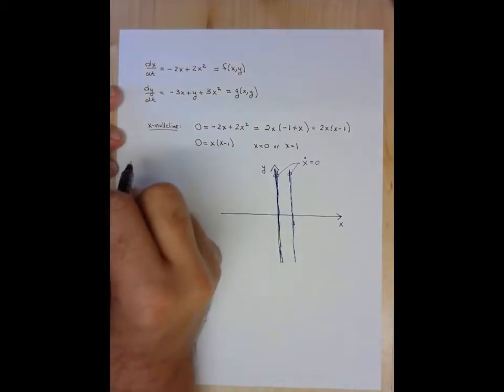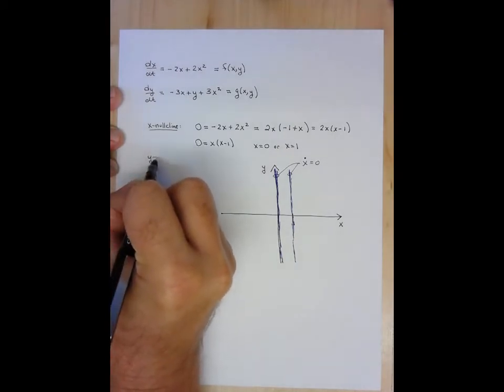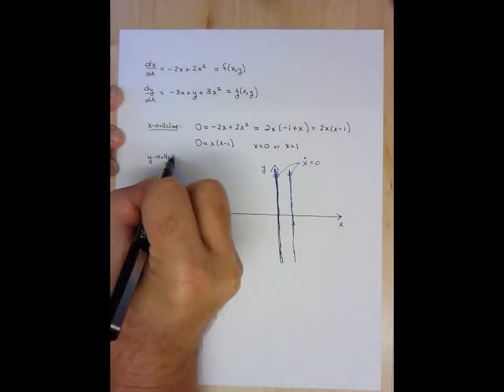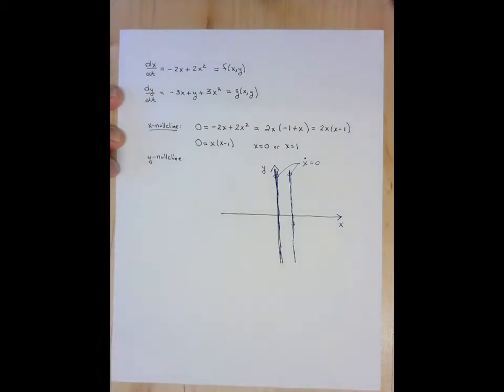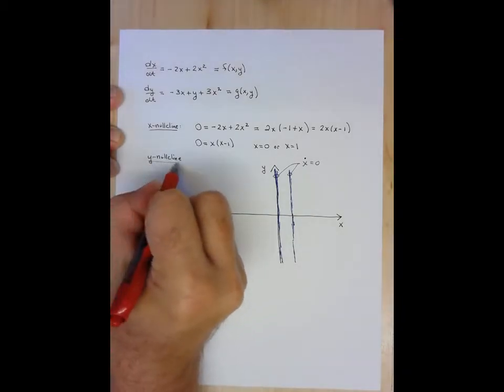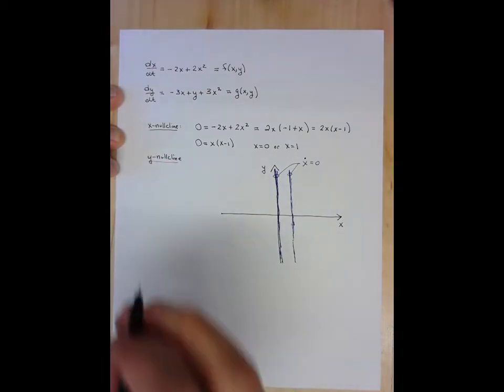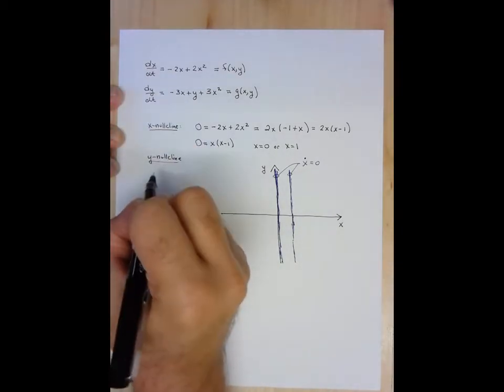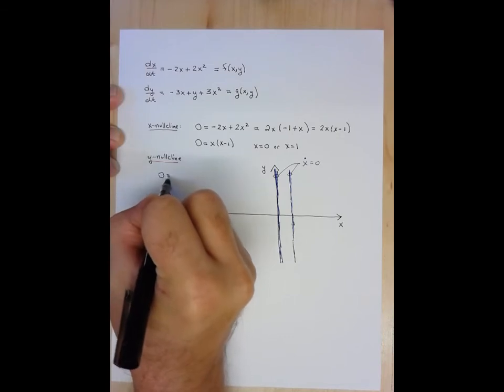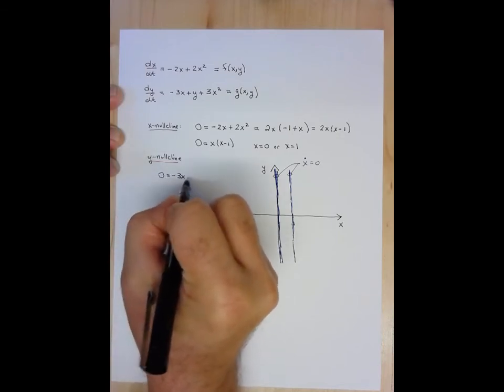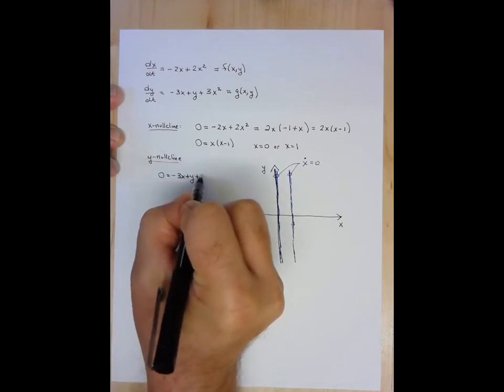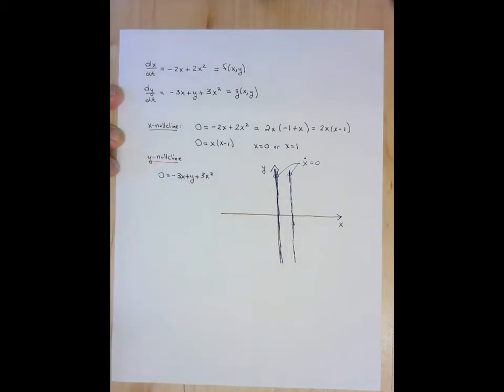Now for the y nullcline, the condition is setting the rate of change of y equal to 0. And so that's 0 equals minus 3x plus y plus 3x squared.